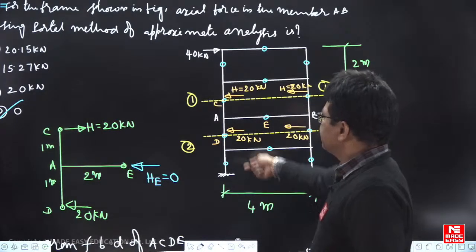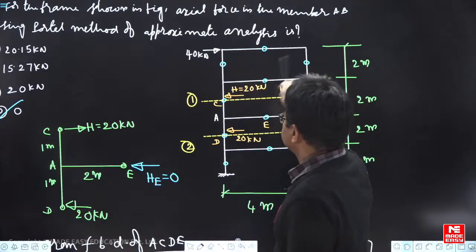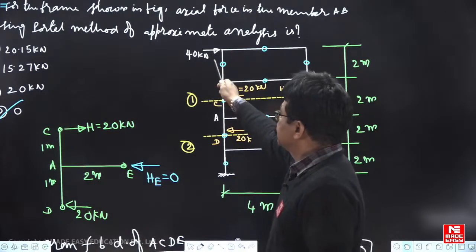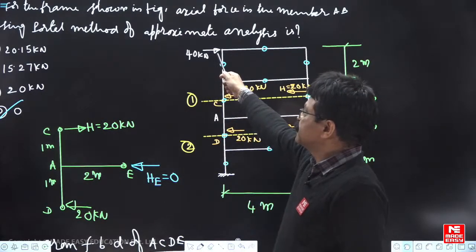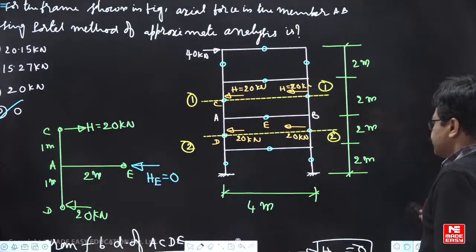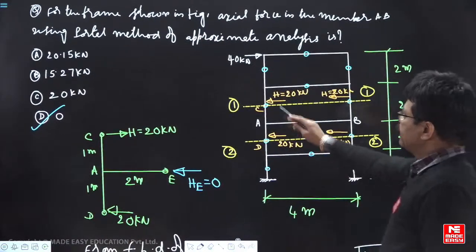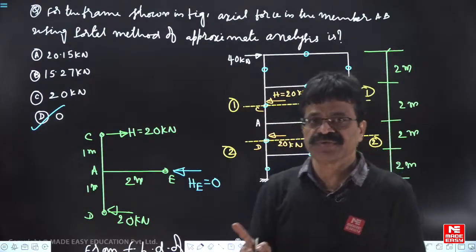So directly if at all you see like this, axial forces in the batten members or axial force in the horizontal members, directly you can write it as 0. The portal method of analysis we can apply only when all joints are rigid, subjected to horizontal loads at the joints only.